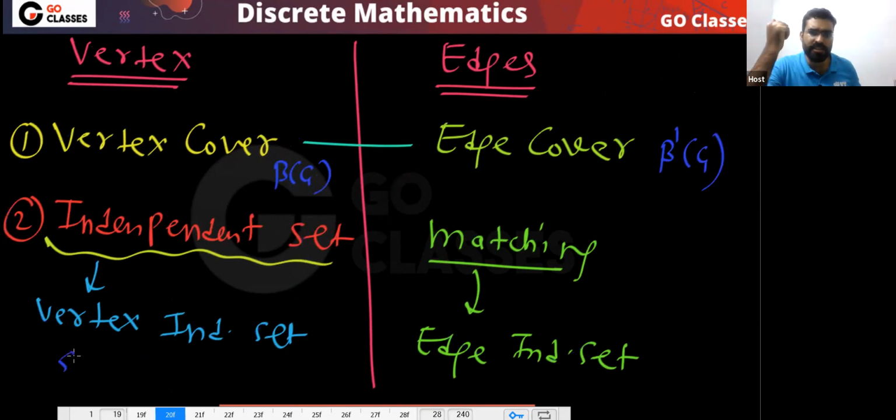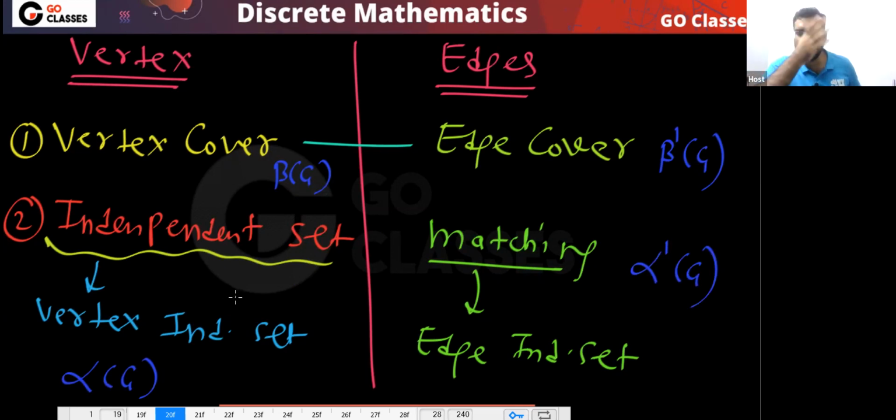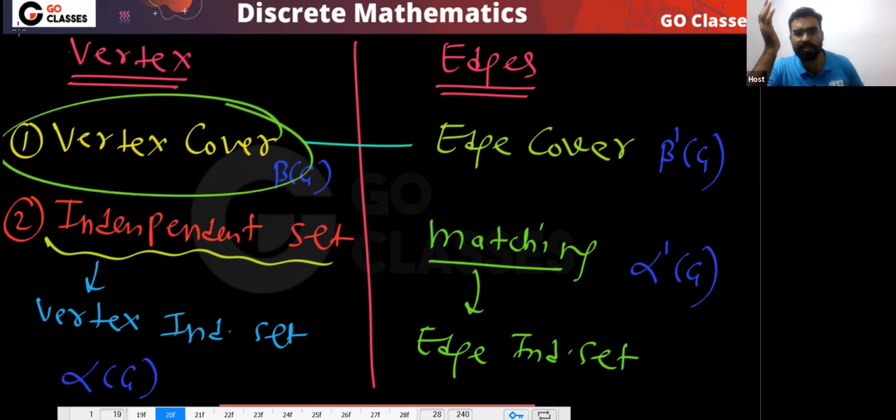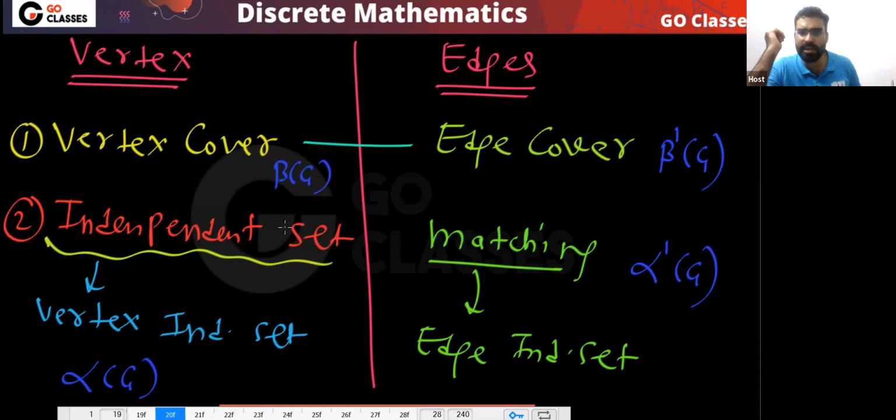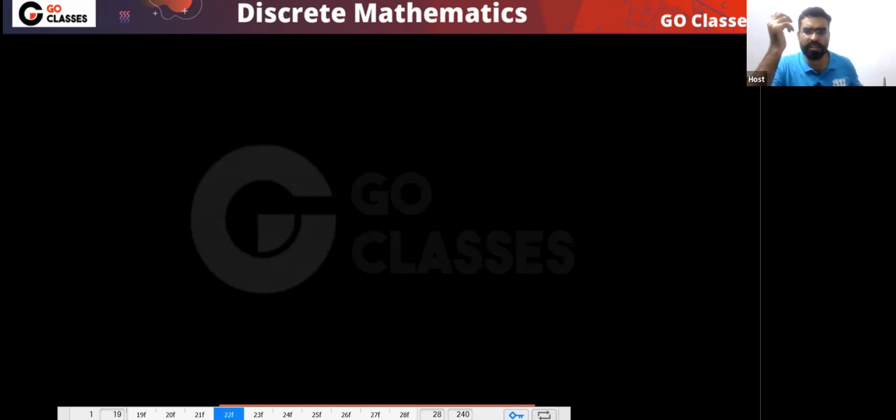Similarly, for independent set the symbol is alpha of G, and for matching the symbol will be alpha dash of G. Very simple, so you can remember like this. Here vertices cover edges, here edges cover vertices. Here you have non-adjacent vertices, here you have non-adjacent edges. So like this, you can create the symbols.